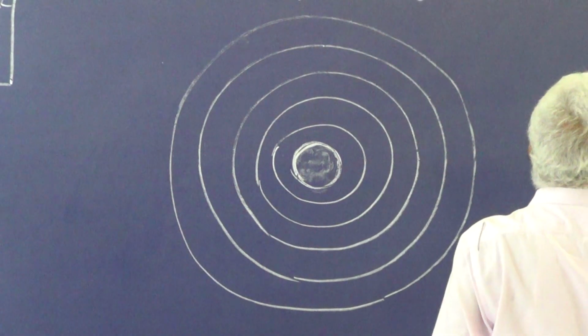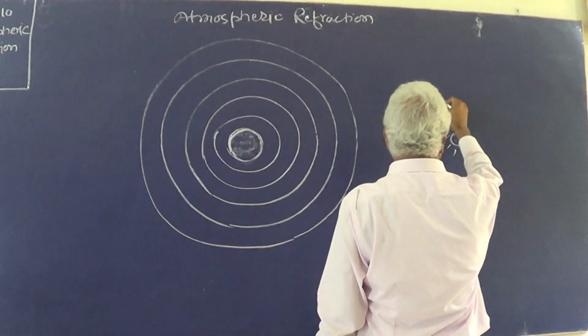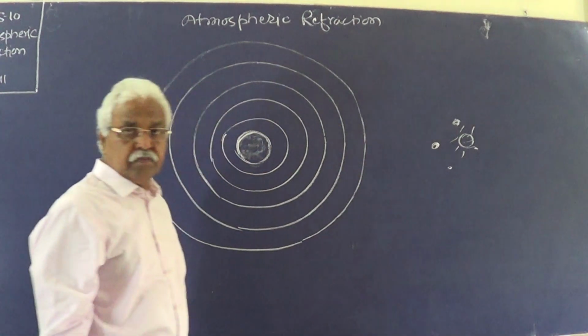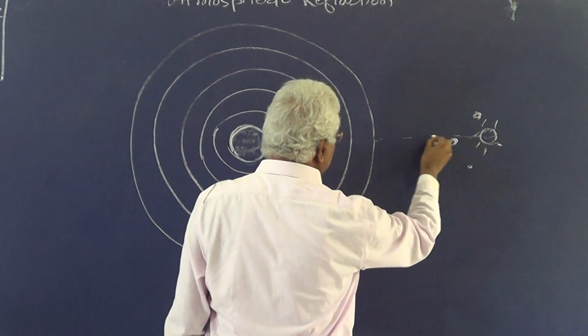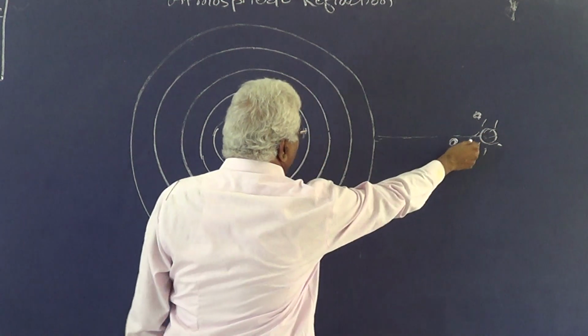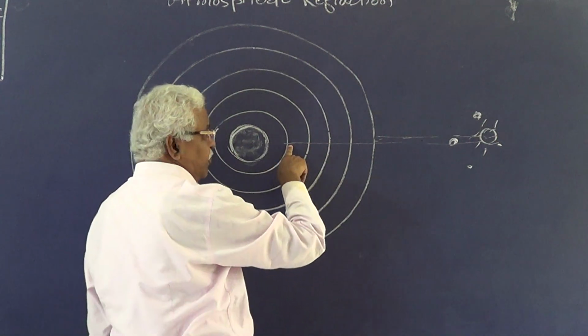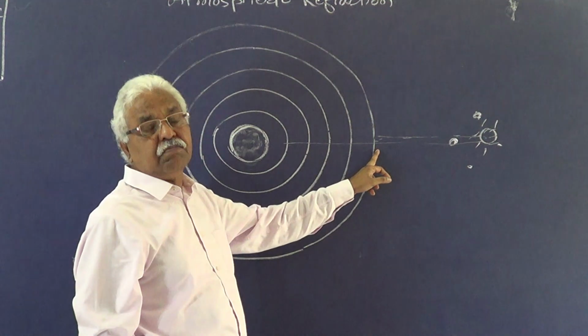Here are sun, stars. Now you know this atmosphere is more near to the sun and it is away from sun. Therefore temperature will be less here, temperature will be more.